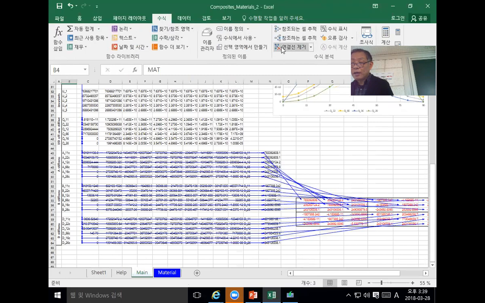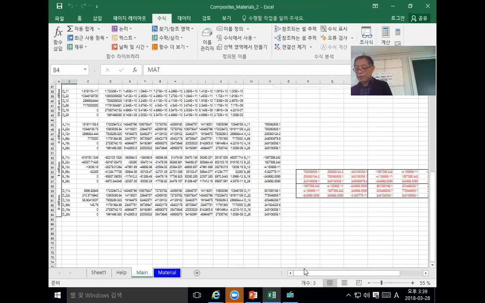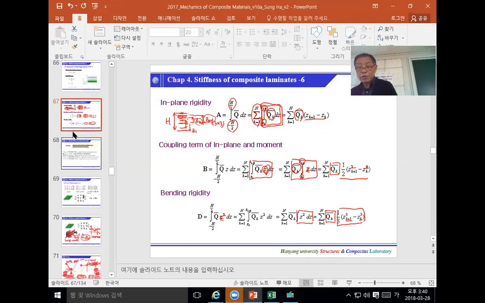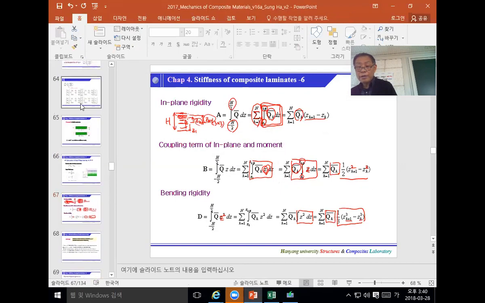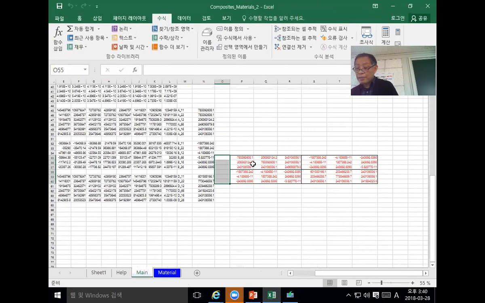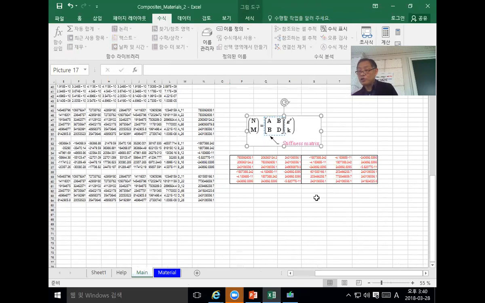Why is this ABD matrix so important? Well, we will do it next week, but let's say this is the ABD matrix.